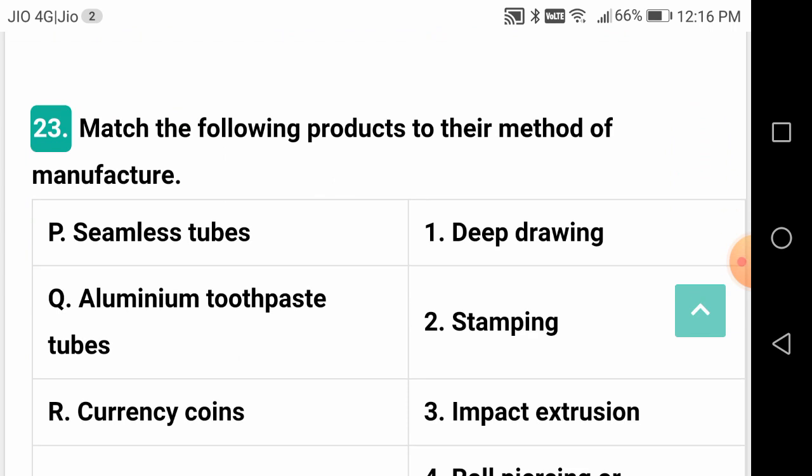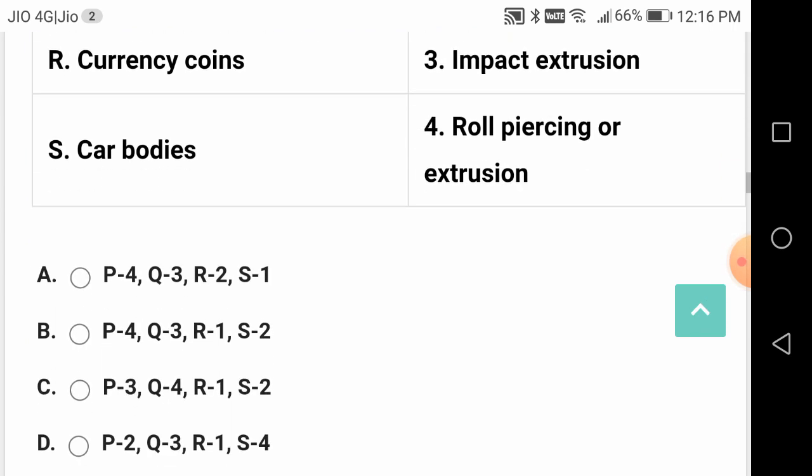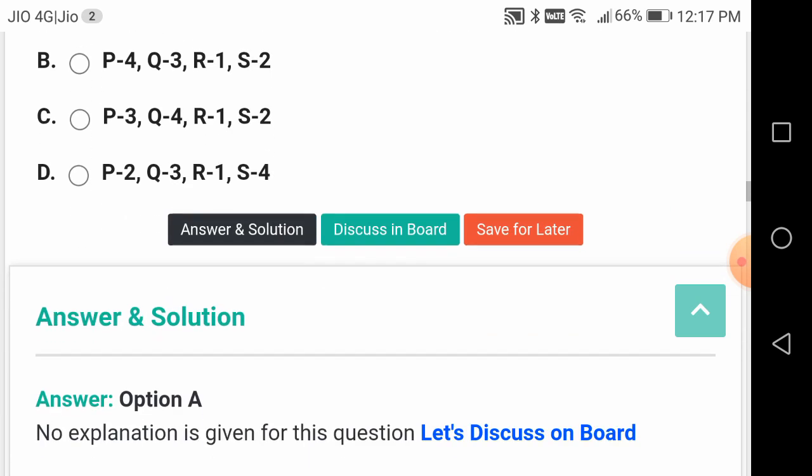Match the following products to their method of manufacturing. Once again, a good question.